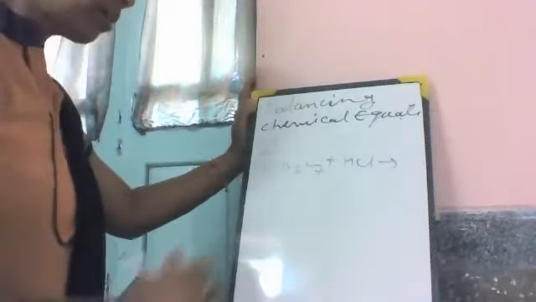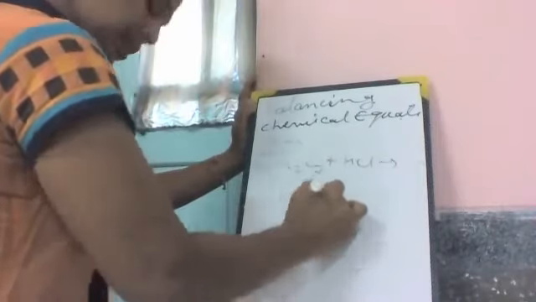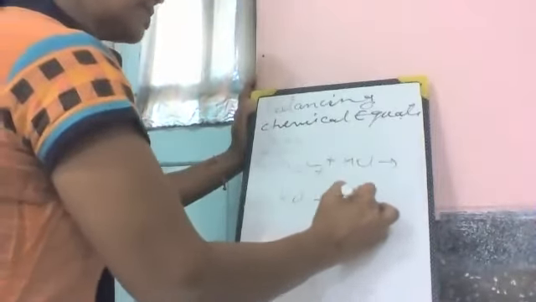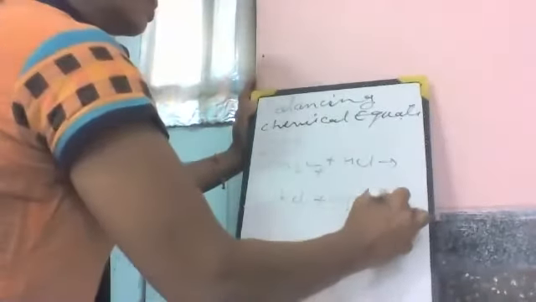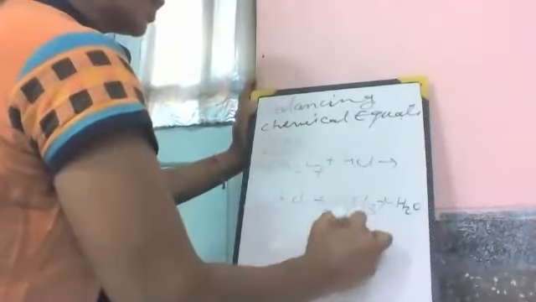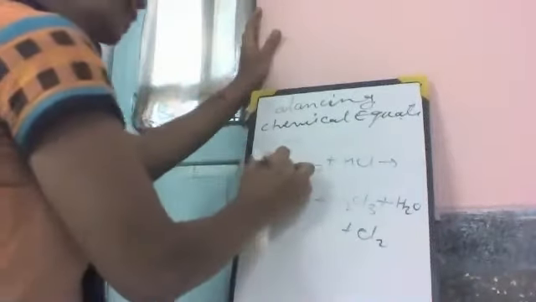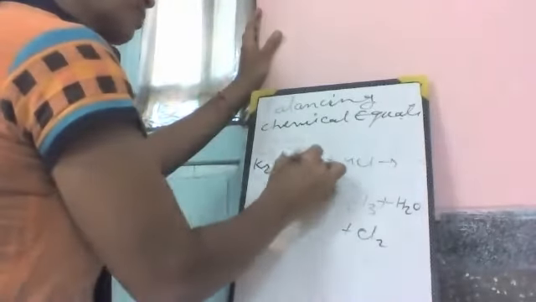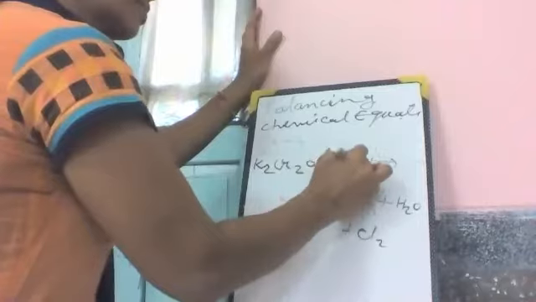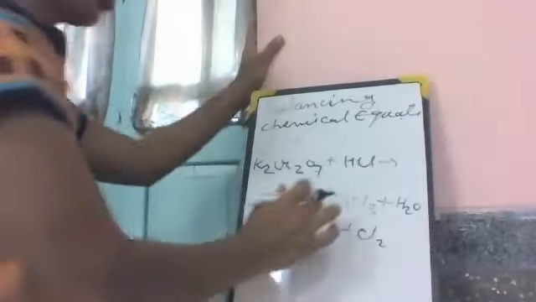Then it forms KCl plus CrCl3 plus H2O and chlorine. These are the reactants and these are the products.